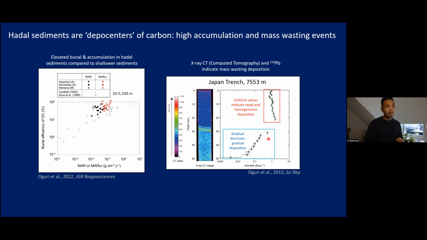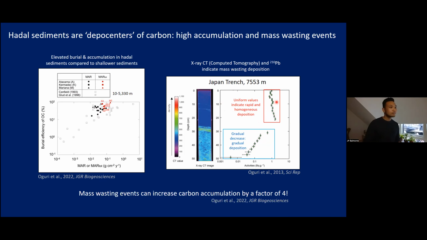So you've got fairly newly deposited sediments up here, and as you go down in the sediment, lead-210 values decrease, indicating older and older sediments. This is what you would expect with more gradual sediment deposition that's characteristic of much of the world's oceans. But when you've got mass wasting events, this is a profile that you see.